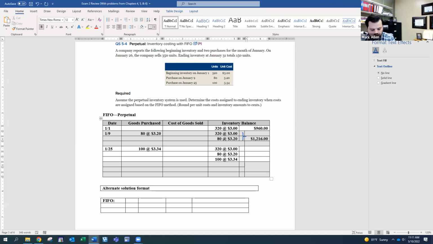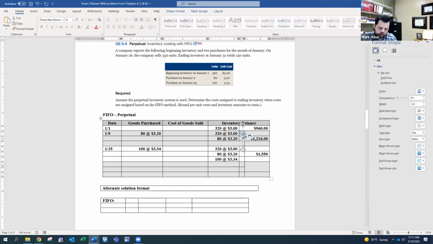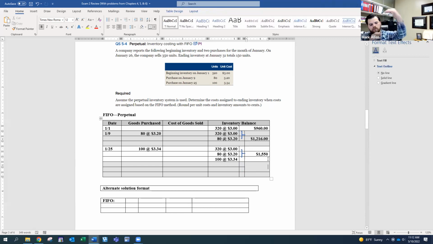Taking the sum of those gives me $1,550. And once again, this is why I wanted that, is now we can just copy and paste that and drag it on down where we need it. And there we go. So now it's clear what's happening here is the sum of those three coming over to here gives us 1,550. Now on January the 26th, the company sells 350 units.